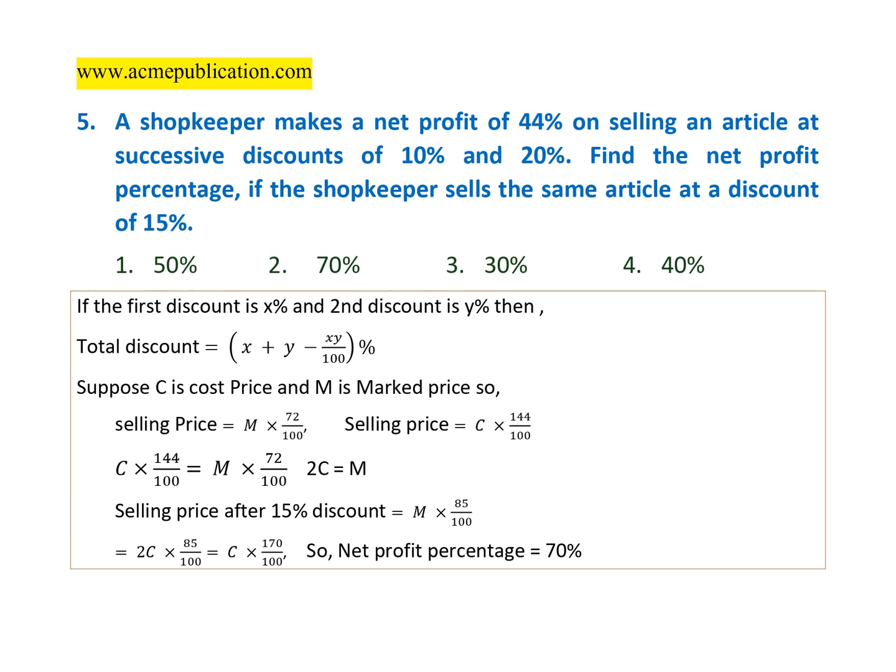So 2C is equal to M. Selling price after 15% discount is equal to M multiplied by 85 by 100 and M can be written as 2C. So 2C multiplied by 85 by 100 is equal to C multiplied by 170 by 100. So net profit percentage is 70%.